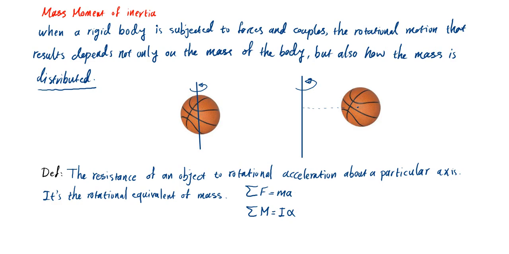Now, let's look at it like a rotating disc. My handwriting for some reason is getting worse. Let's look at a disc rotating about its center.